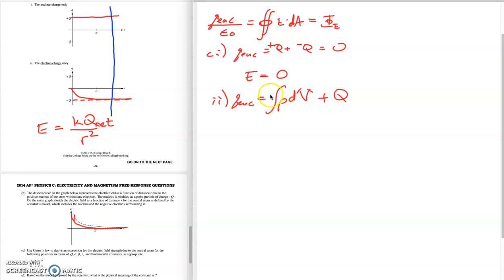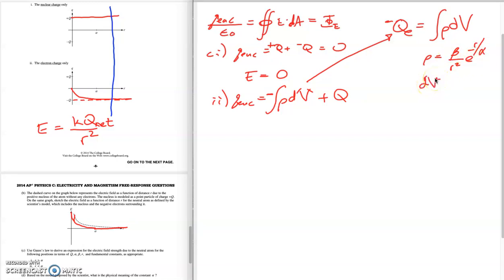And the electron cloud, remember, that guy's negative. So figuring out the integral part, and we'll focus on that. Let's put this guy over here. So the negative Q, because of the electrons, is going to be the integral of rho dV. Now rho they gave us. Rho is going to be beta over r squared e to the minus r over alpha.